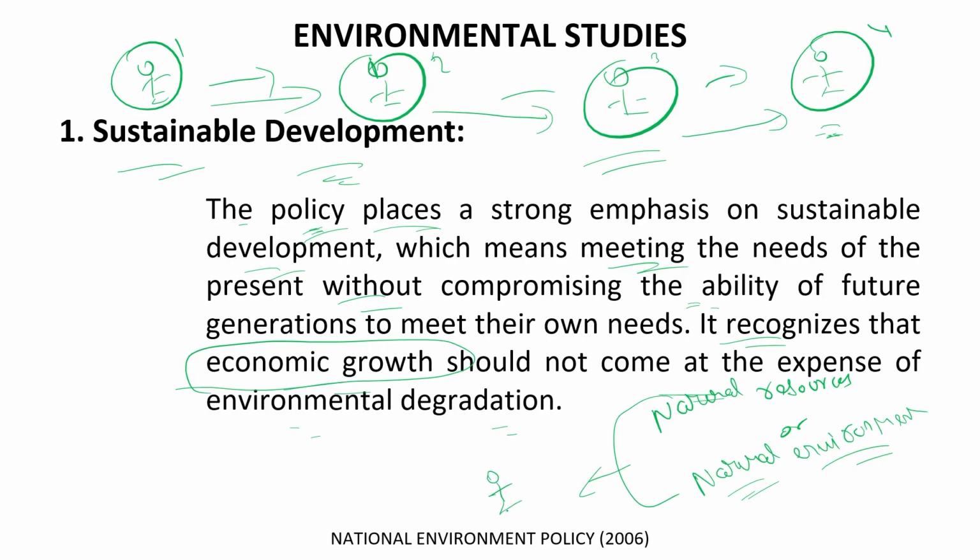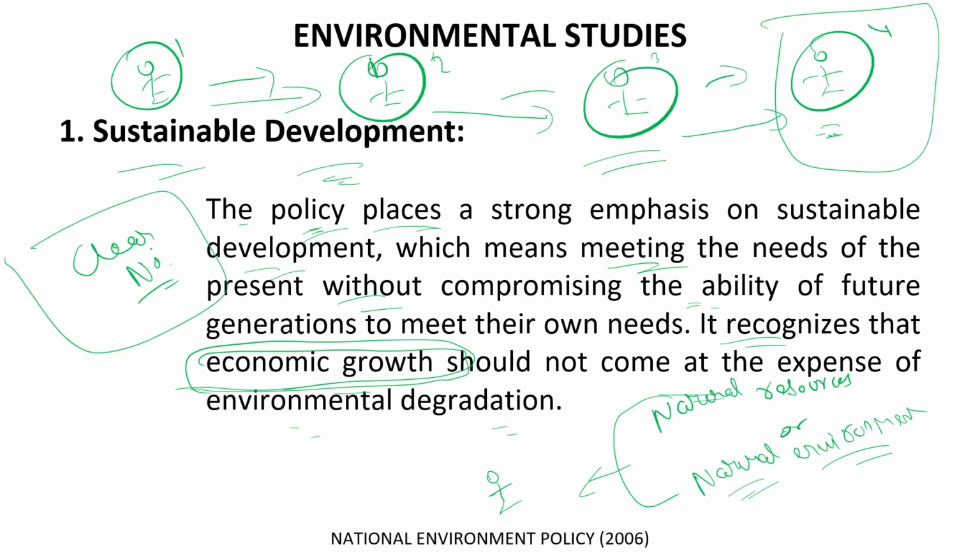if all these resources get consumed just to get economic growth for the upcoming generations, then will it be beneficial? The answer is clear? No. Alright. So what if this generation is not able to survive?